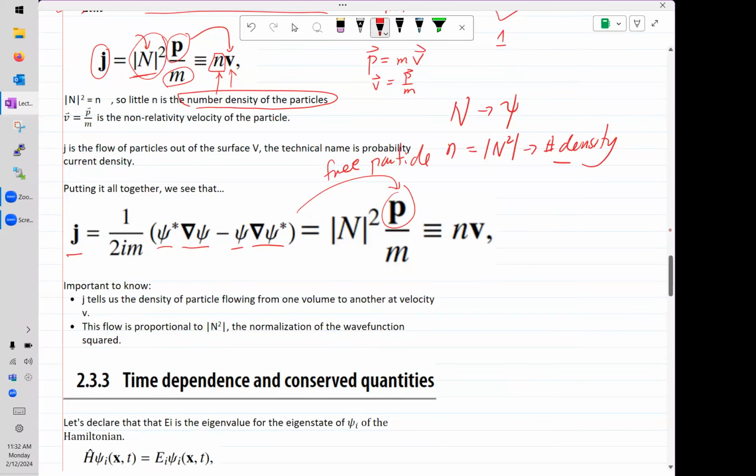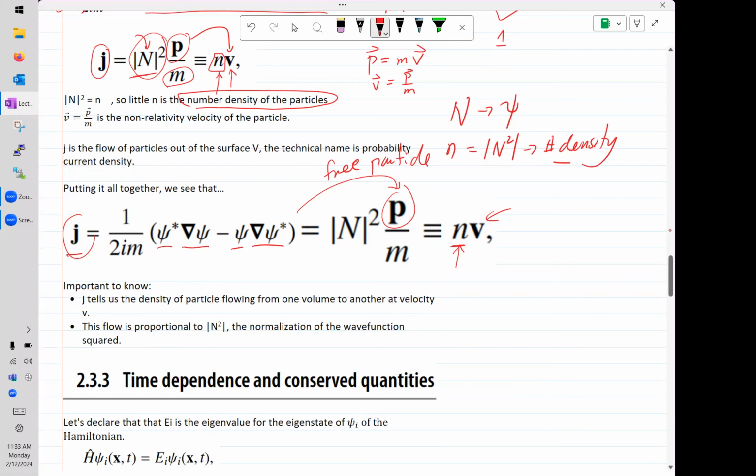And this current is really describing how the density of particles is flowing in and out, flowing around in your system with some velocity v, okay?